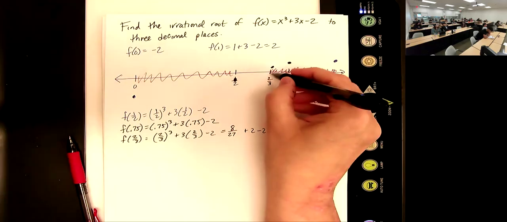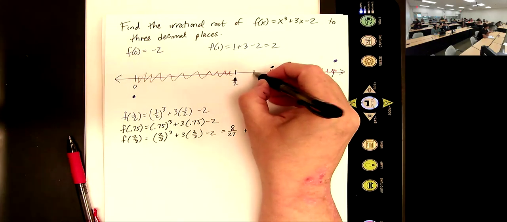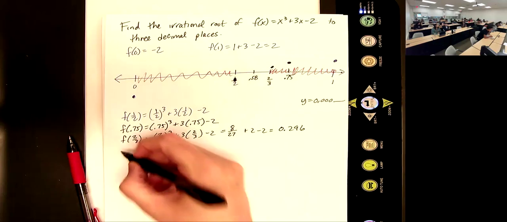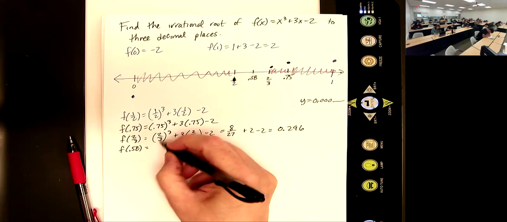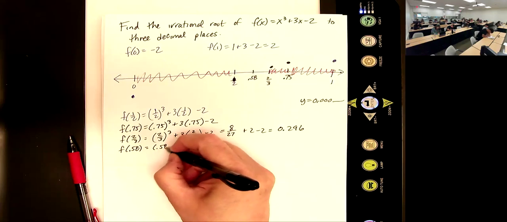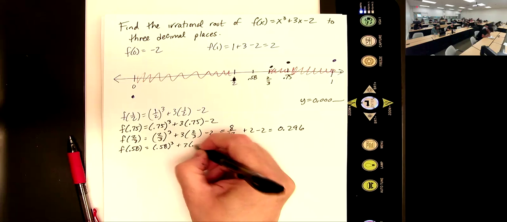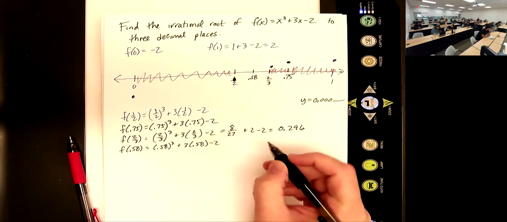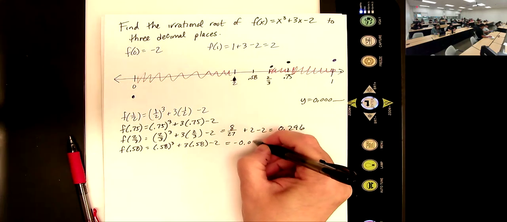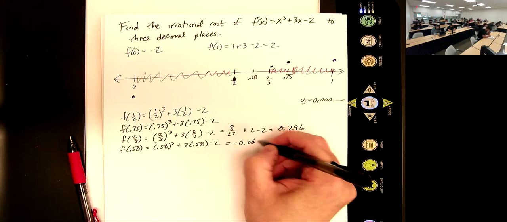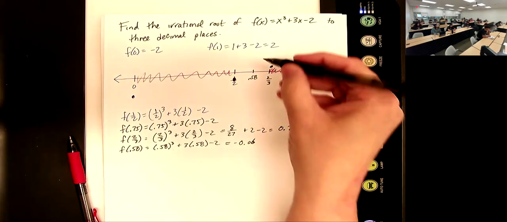So like this was 0.66, maybe let's try 0.58. Negative 0.00, or not 00, but 0.6. So it's negative here.